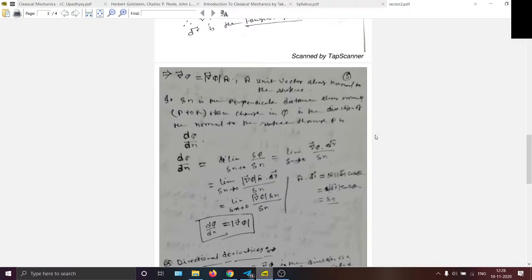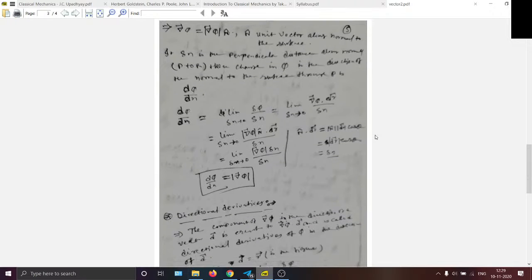You are creating another surface by displacing that surface along the normal, and that normal distance you are moving is delta n.